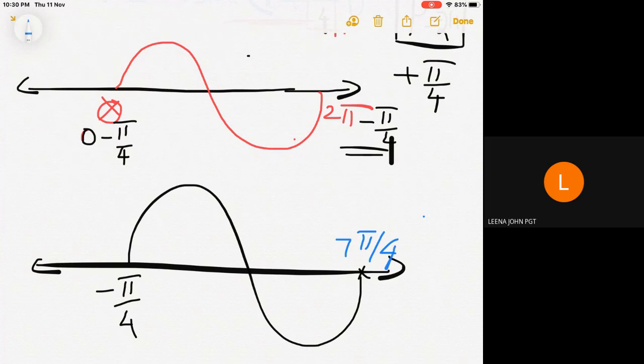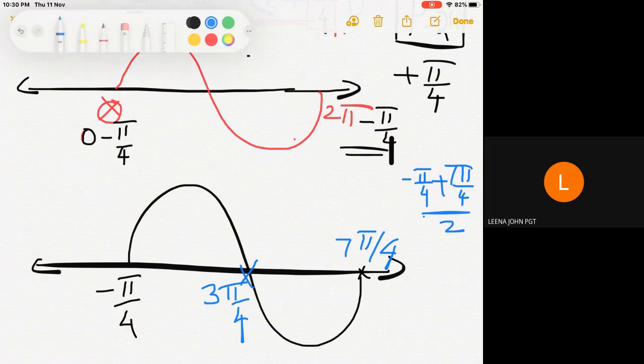Now this is the midpoint of this. How to find the midpoint? Minus pi by 4 plus 7 pi by 4 divided by 2. So it becomes 6 pi by 4 by 2, which means 3 pi by 4. Now again you have to break it into half.